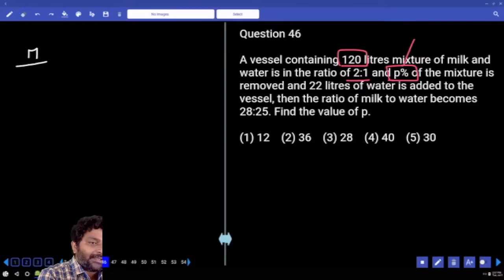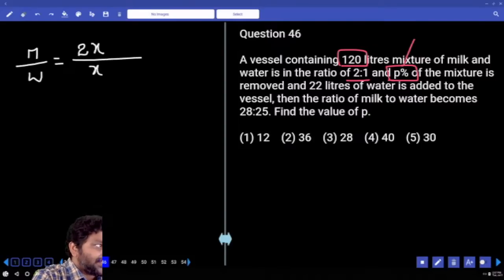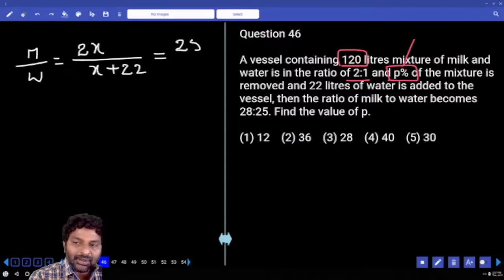Now I will take milk and water 2:1 ratio, 2x and then x, right? And then we are adding 22 liters of water. Agreed? Now this is the final component that you have. In this, ratio between milk and water is 28 and then 25.